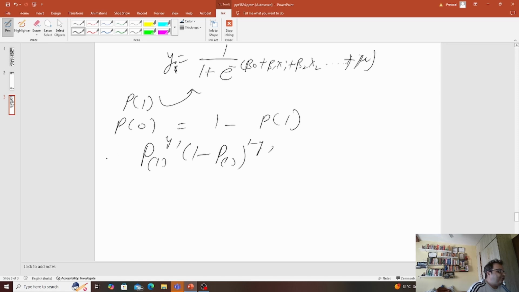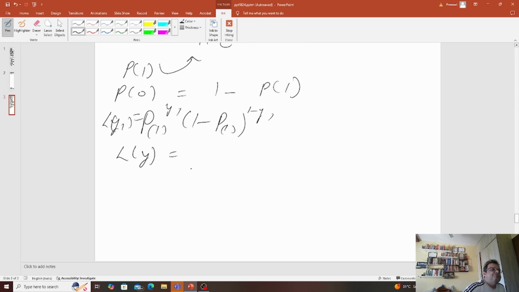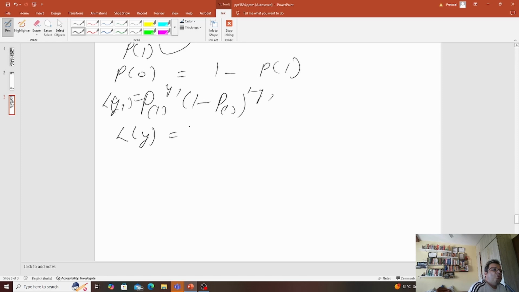That's generally how your distribution function operates. So if I try to expand this, my loss function or my probability distribution function for the entire set of values of y is going to be the loss function for y1 multiplied by the loss function of y2 multiplied by the loss function of y3, and so on and so forth.